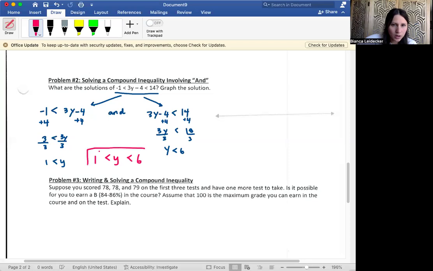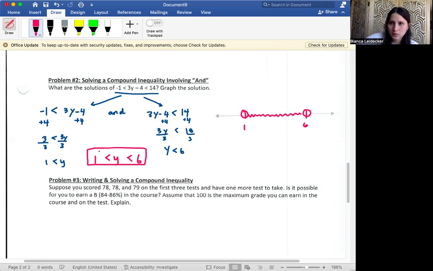So you can bring it all together, and the value for y is going to have to be between 1 and 6. So here's 1, here's 6, open bubbles for 1 and 6, and it's going to be in between 1 and 6.